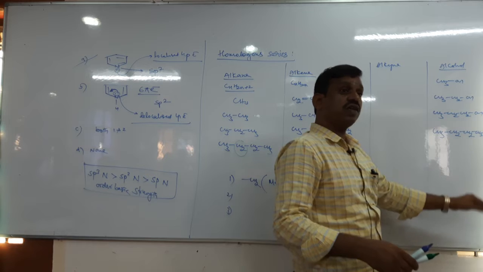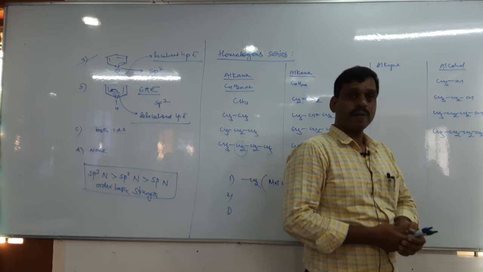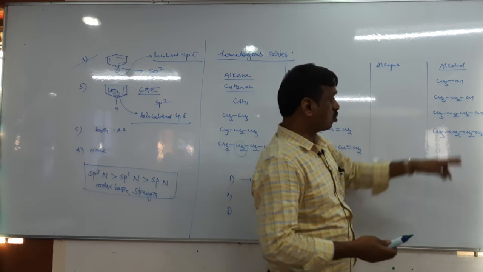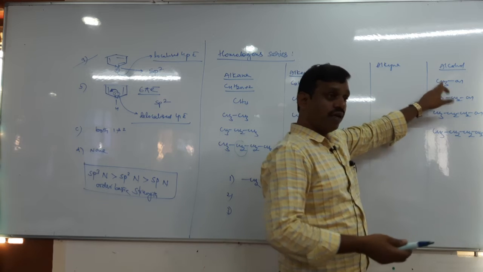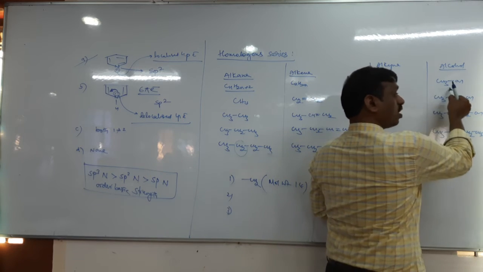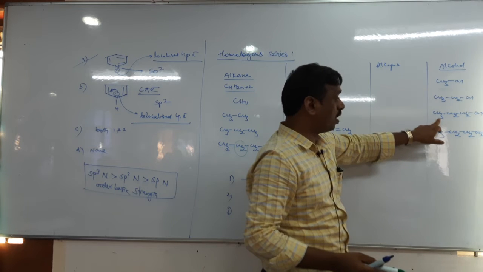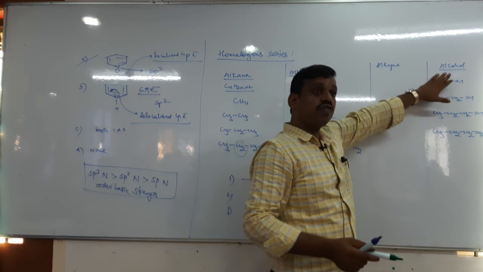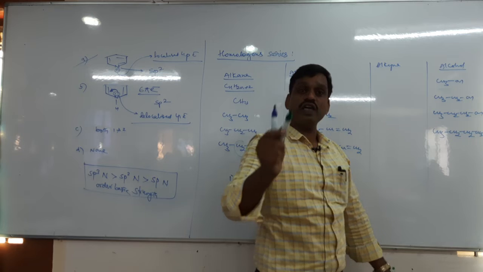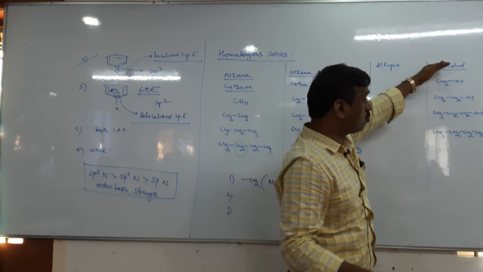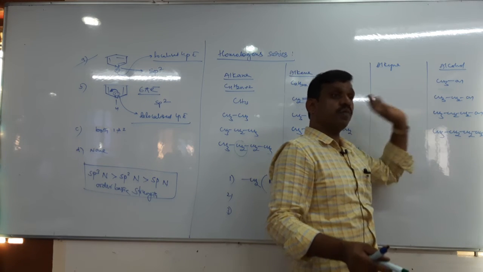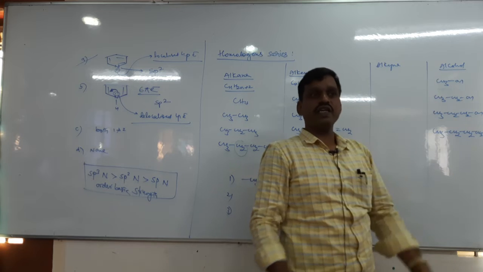So the boiling point gradually increases. Solubility: methyl alcohol is more soluble. As the size of the alkyl group increases, solubility decreases. That means there is a gradual change in physical properties. It may increase or decrease.